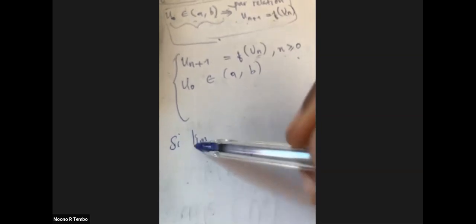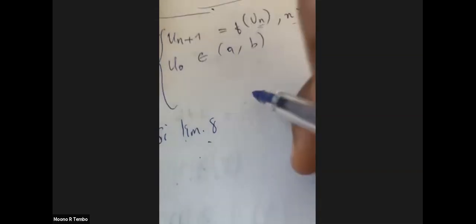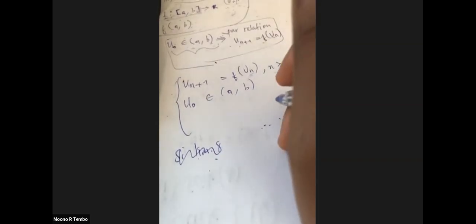We have the limit, and the limit here is L. So if your suite converges to the limit and your F is continuous, in this case we're trying to find a relation, or rather verify that the U_n is actually converging.